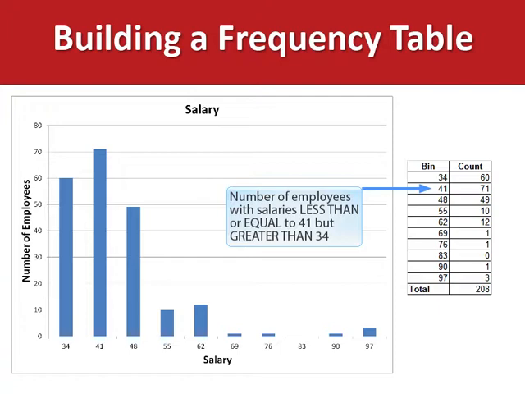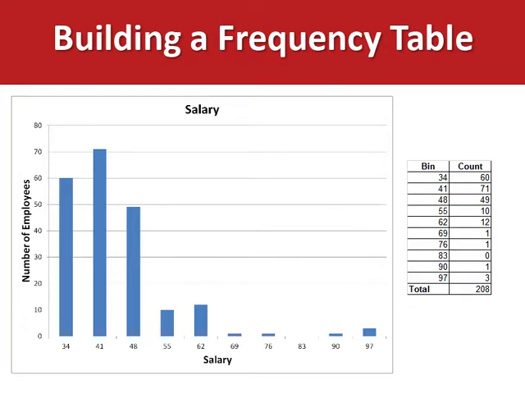In this case, 71 bank employees meet this criterion. So it goes all the way down to 97, which is the maximum salary, 97,000. In this case, there's 3 employees who make between $97,000 and some amount just over $90,000.